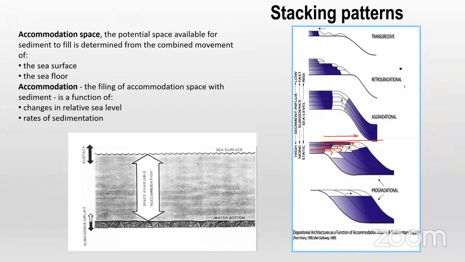If with the deposition of sediments, the sea level goes up, so the river retrogrades, and we have a transgressive system tract. So after a huge transgressive system, we have the maximum flooding surface over this area.